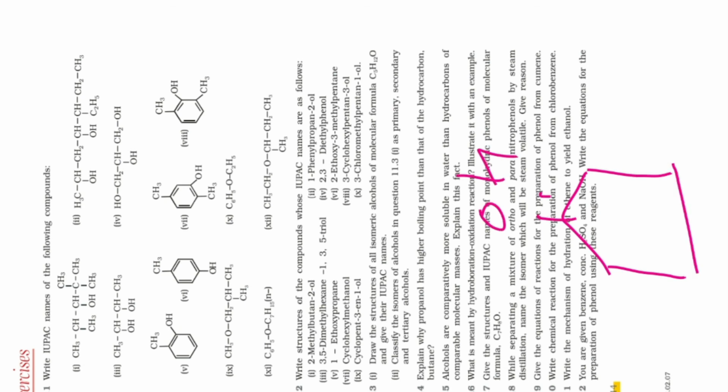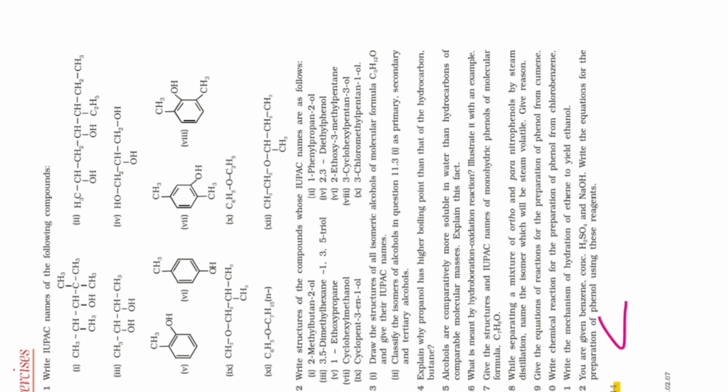Cyclopent-3-en-1-ol. Let the OH group be here, 1 2 3 4 5, so the double bond is between 3 and 4. Clear? Okay, after that the last one is 3-chloromethyl pentan-1-ol.